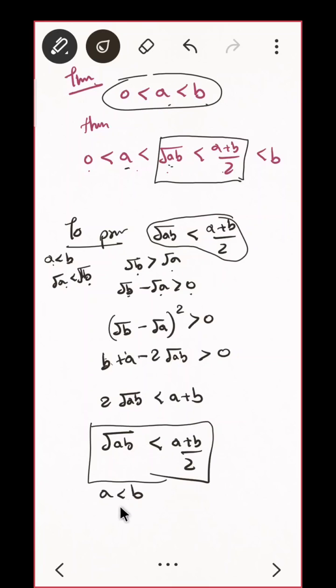You are just given with this guy. Multiply both the sides by a, no? That is a square, this will become a square, this will become ab. Then what? You already know, if a is less than b, then root a will be less than root b, taking root on both the sides. So this will say that a is less than root ab. Do you agree?